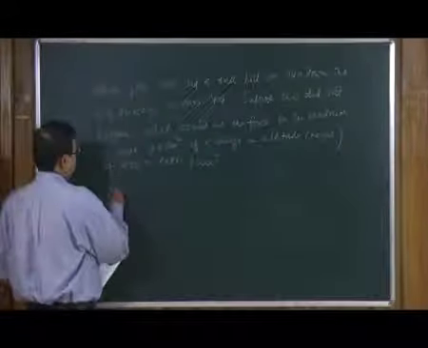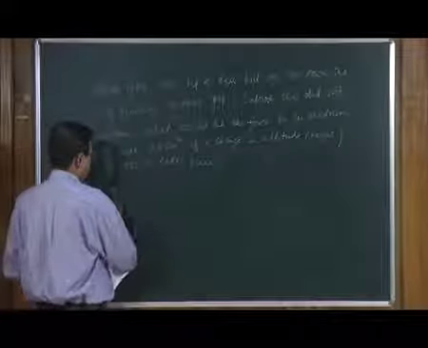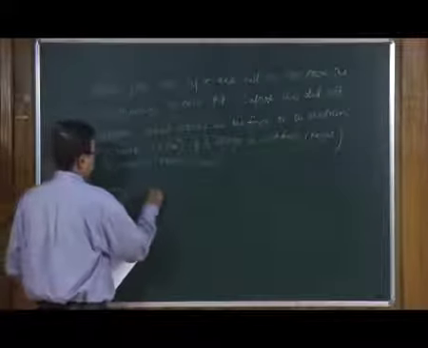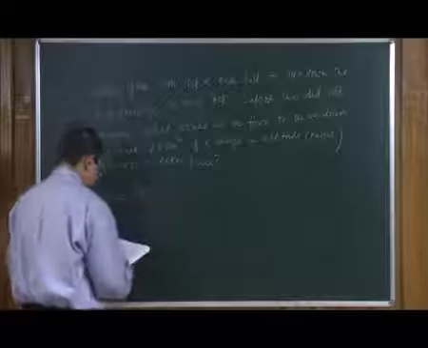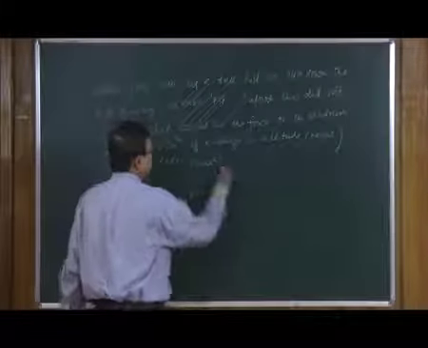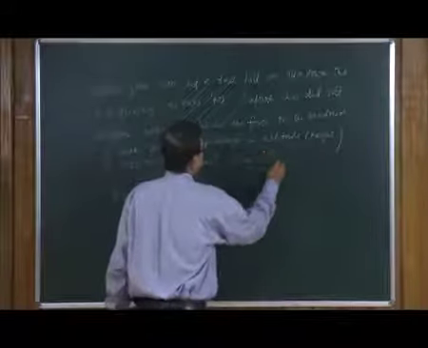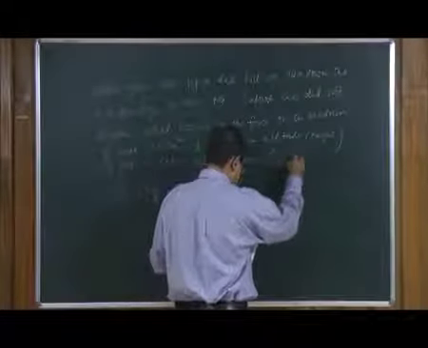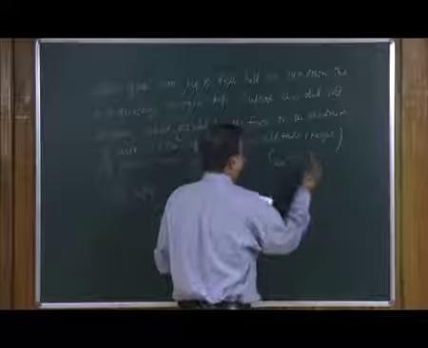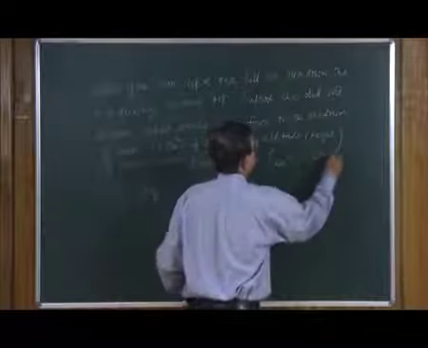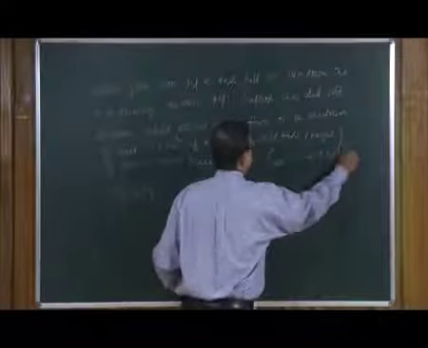So, again P, the pressure, is equal to h rho g. Now, it has to be given that the rho of air, that is the density of air, is 1.29 kg per meter cube.